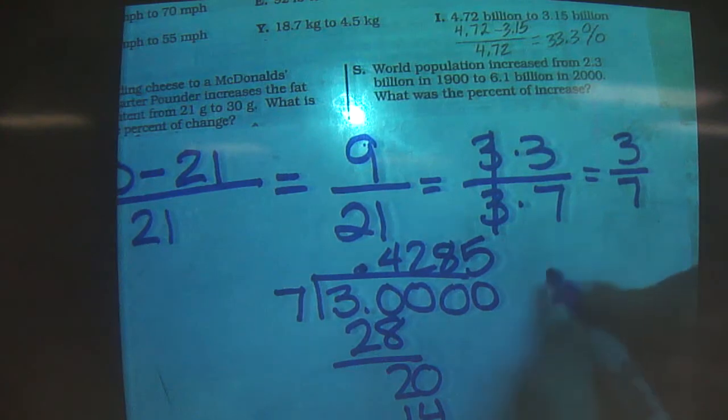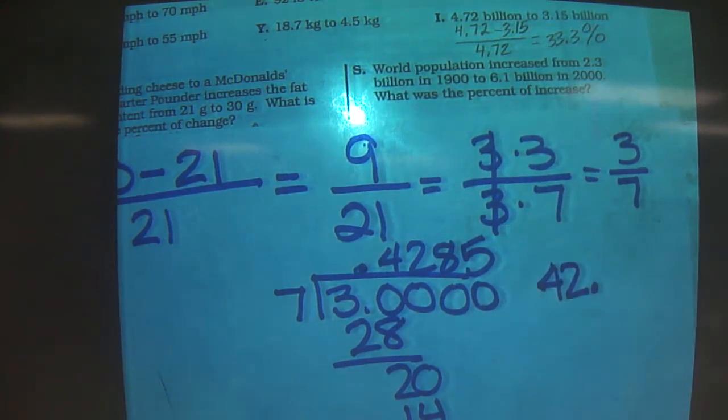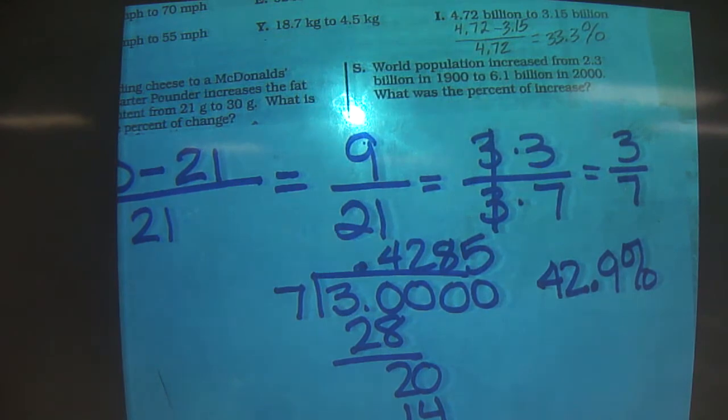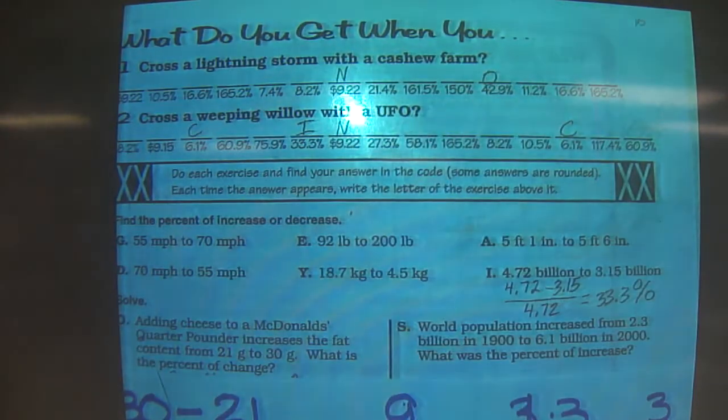So 42.8 or 9? 9%. Everybody see how we got to 42.9%? Because our decimal was 0.4285. So our O is right up here, 42.9.